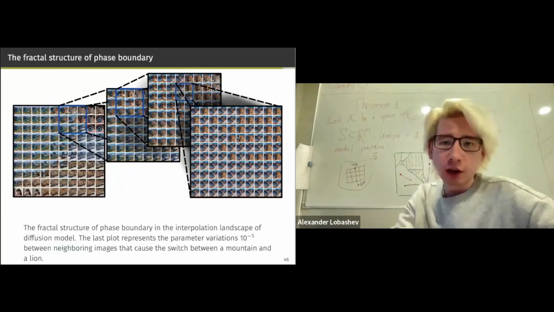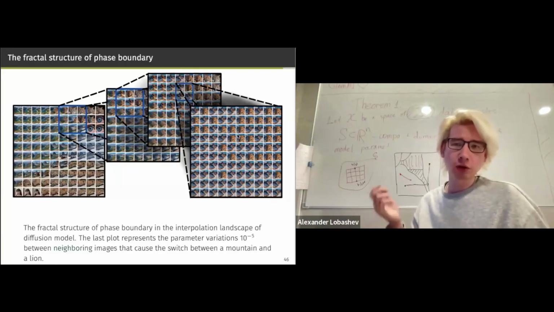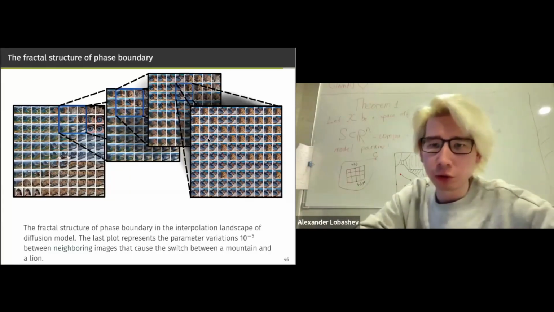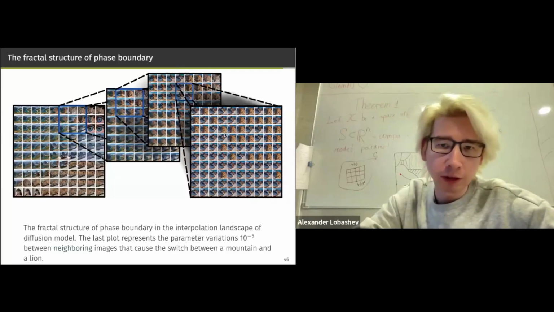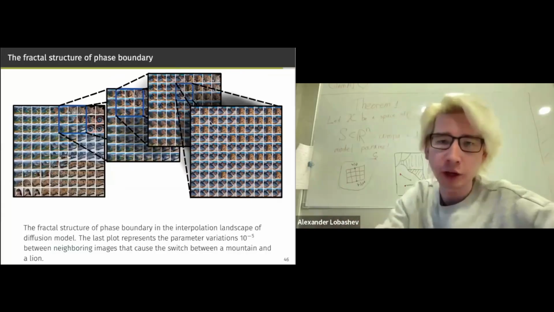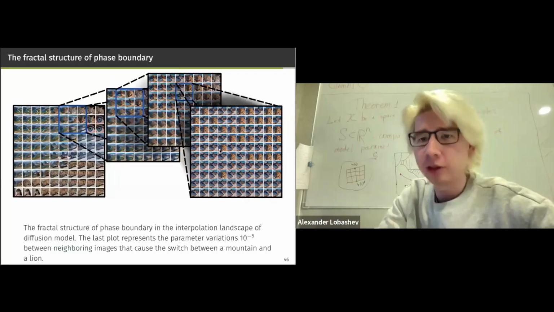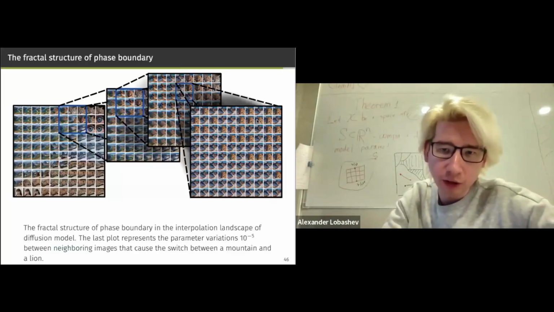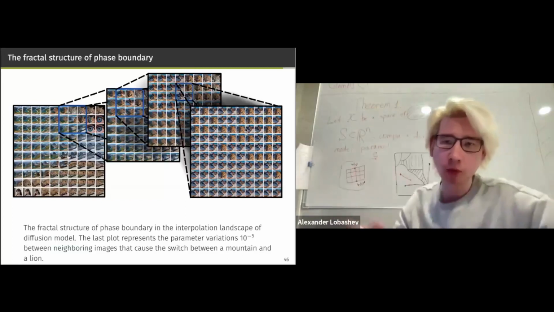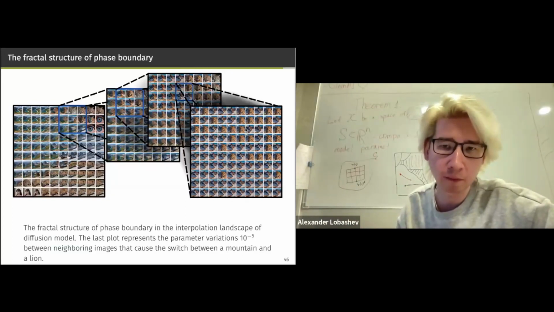So we have extremely close latents. They are almost the same, only a few entries are different by the minimal floating point value. But you see that the tiger switches in a completely abrupt way, and these phases permeate each other, they don't have a strict boundary between them.